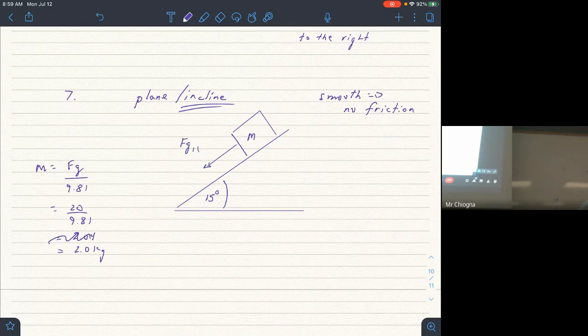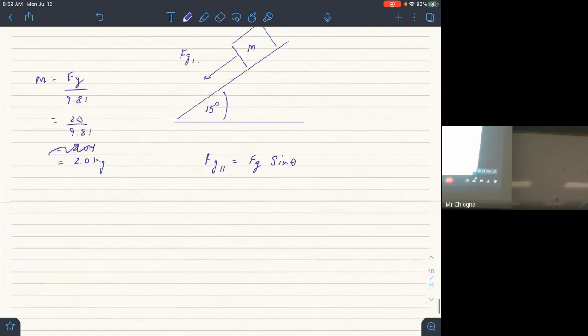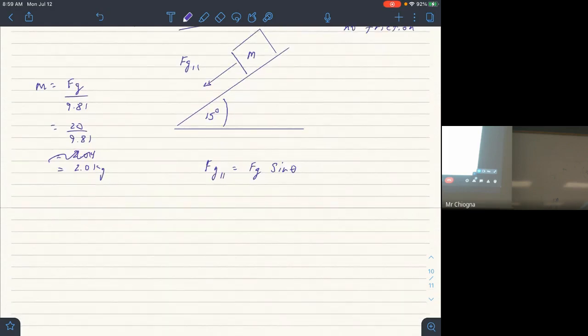It's the parallel component that we talked about, Fg parallel, that's pulling this down. So Fnet is equal to just Fg parallel. There is no other force acting against. Friction is 0. Usually I'd subtract friction, but it's 0. So that is your net force.